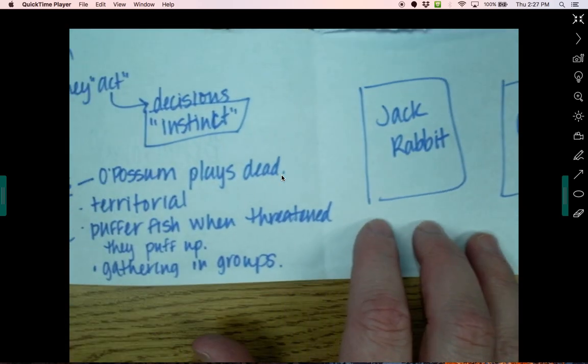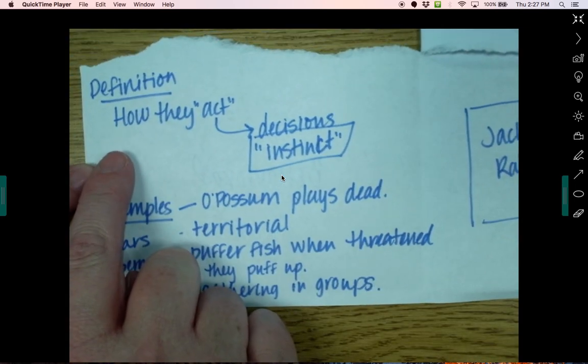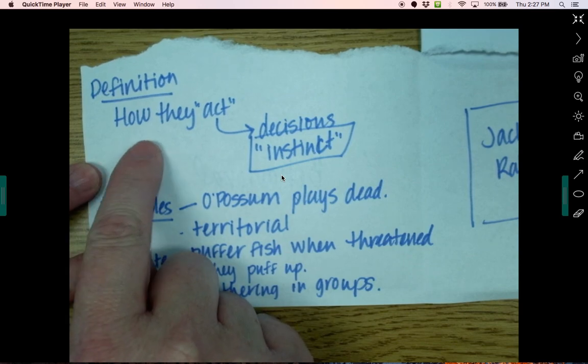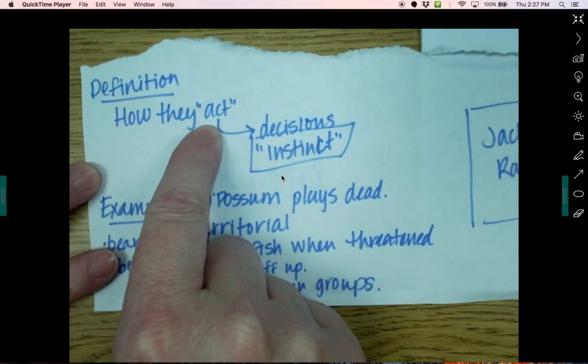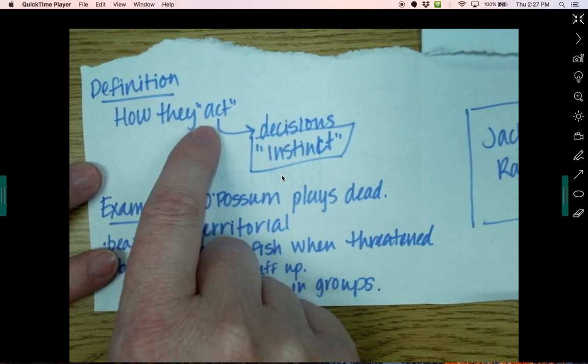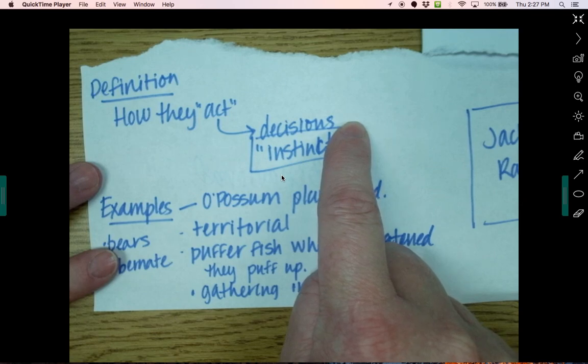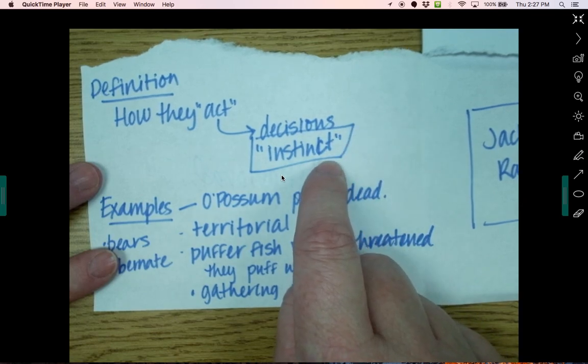So, the definition of behavioral adaptations. This is more of how they act, and I have act in quotes here, not because of theater acting, but act can also mean, do they decide to do this? A key word, if you see something called instinct, they instinctively do something.